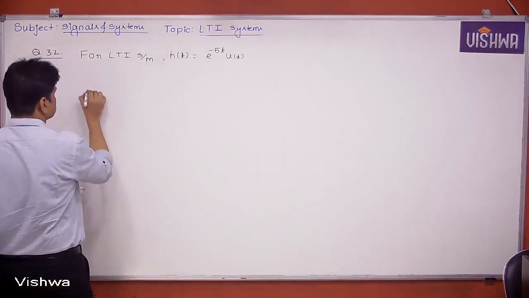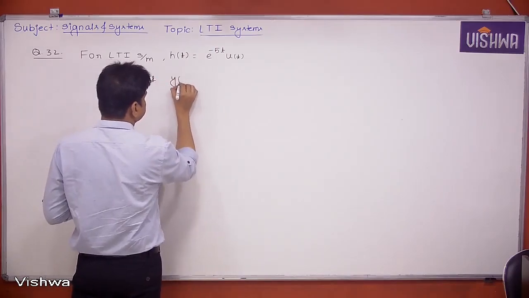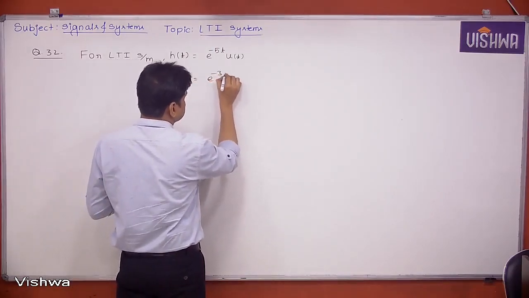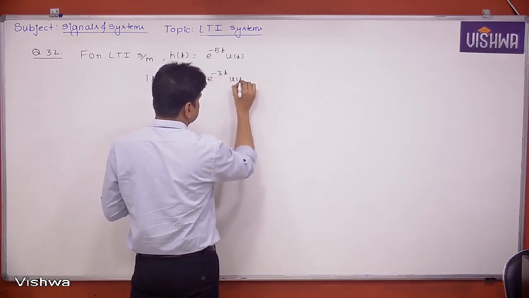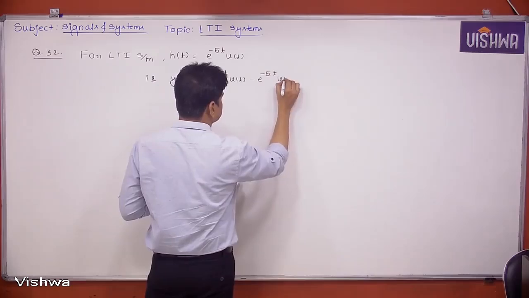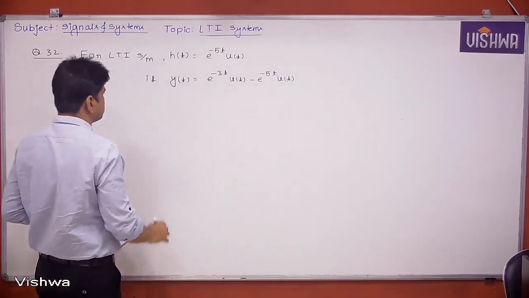If y of t is equal to e power minus 3t u of t minus e power minus 5t u of t, then x of t is?